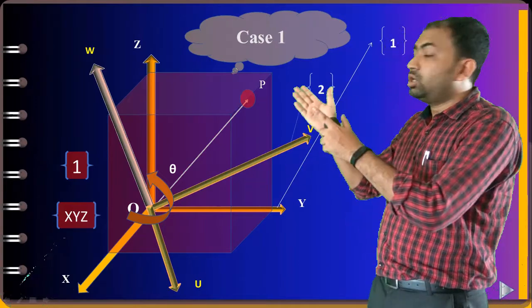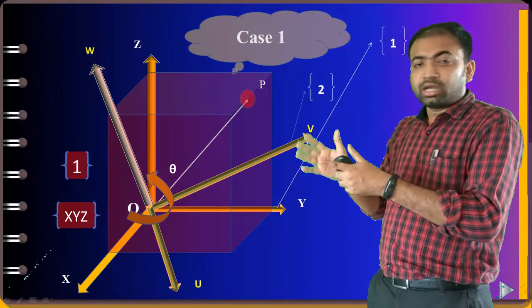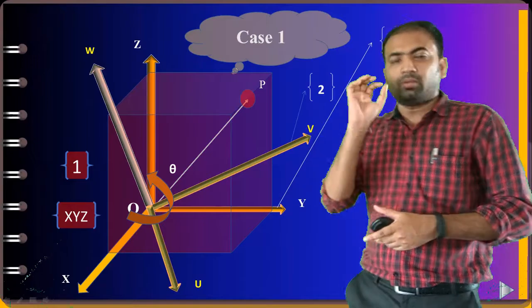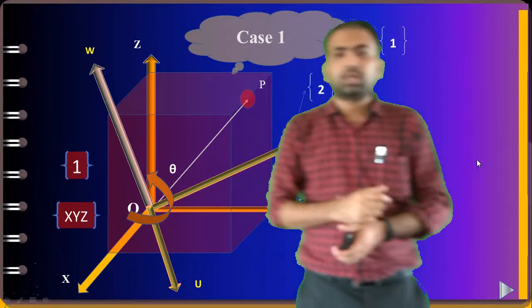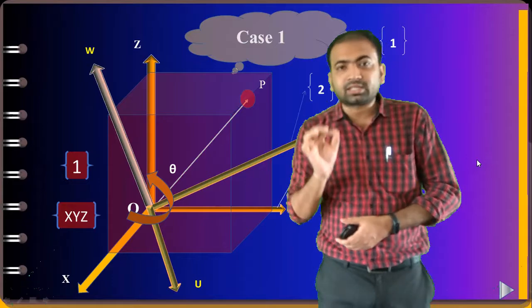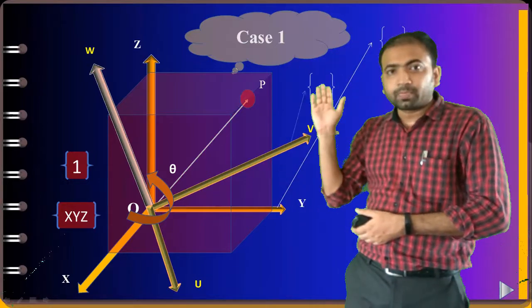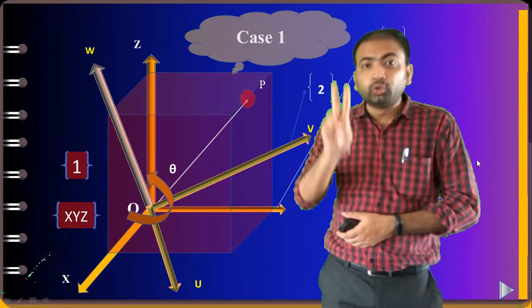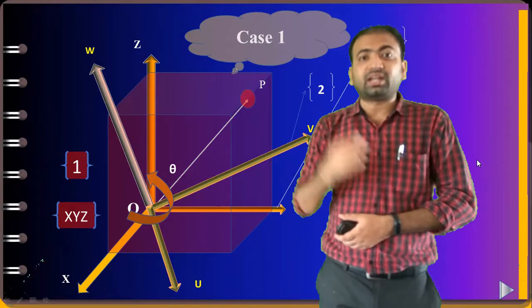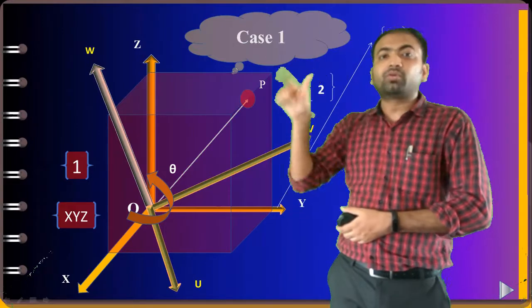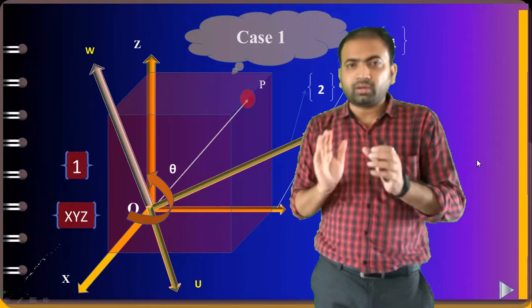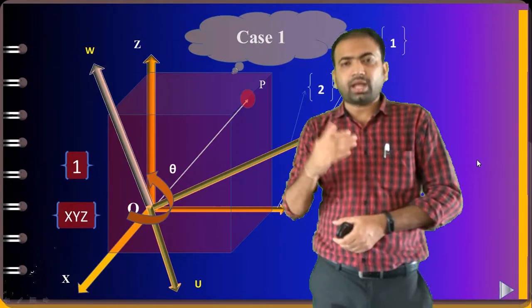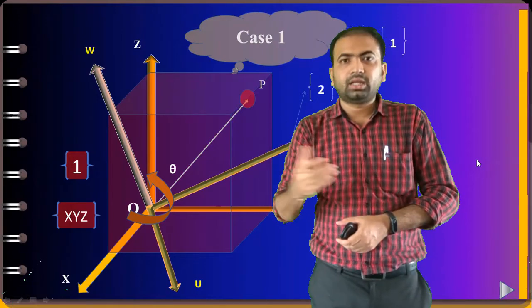These are the three axes we got after rotation. Our next work is to find the description of point P about frame 2 when we know the description of point P about frame 1, in the form of matrices. That we will see in the next classes.